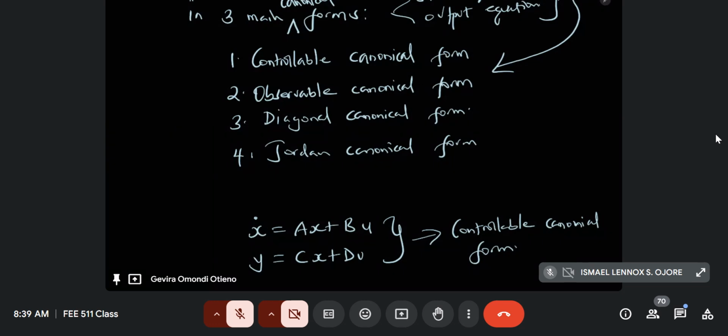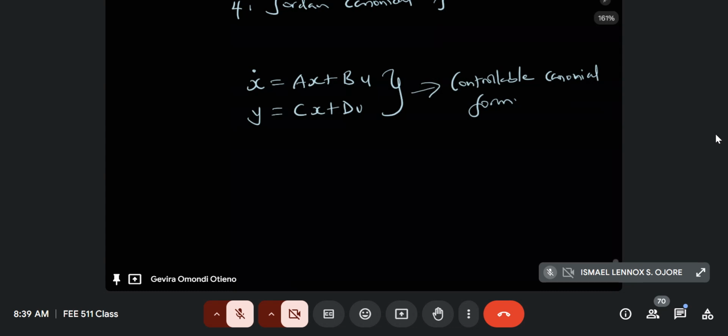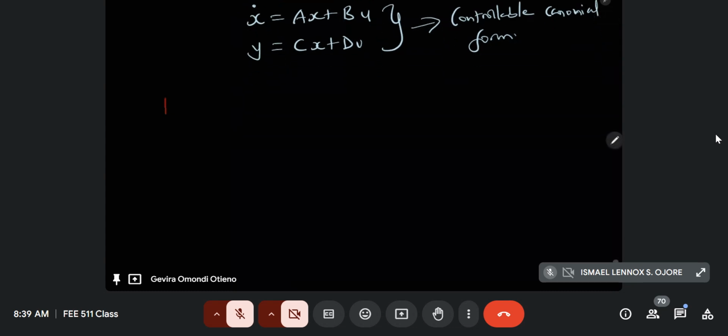I want to give you an example that you don't have in your notes. The different forms are illustrated in your notes, how you can write them, but the best way for me to illustrate these points is to actually give you an example.